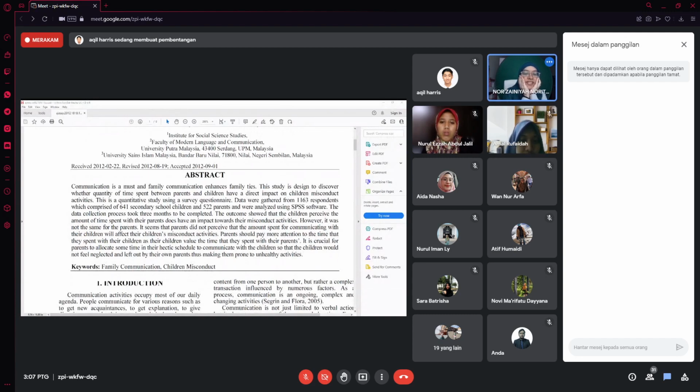There you go. Second sentence. This study is designed to discover whether quantity of time spent between parents and children have a direct impact on children misconduct activities. There you go. That is what the study is about.